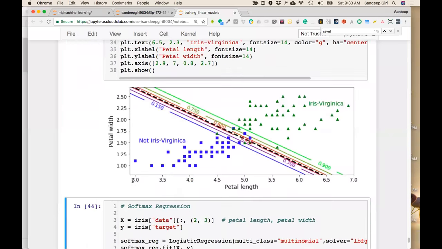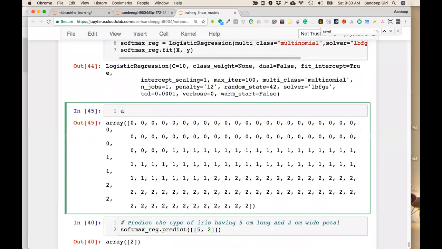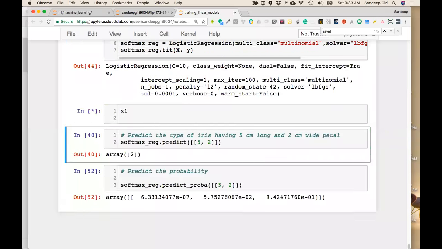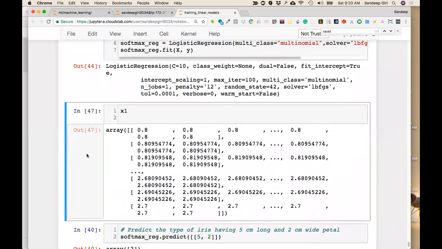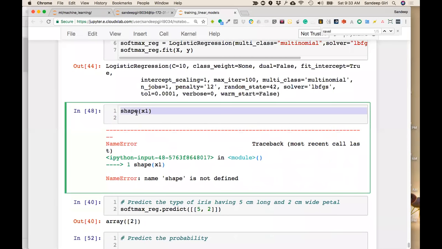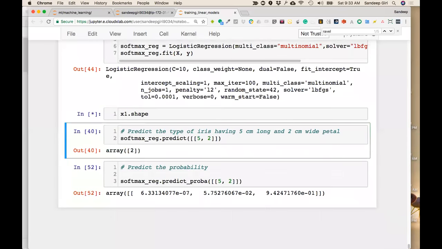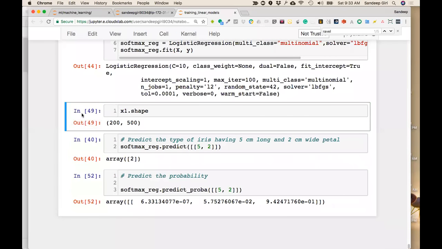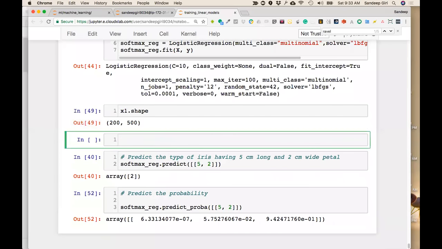Okay, let me take a better example. So we have, say, x1. X1 is a two-dimensional array, and we say, what is the shape of x1, x1 dot shape. And then we say x1 dot revel.